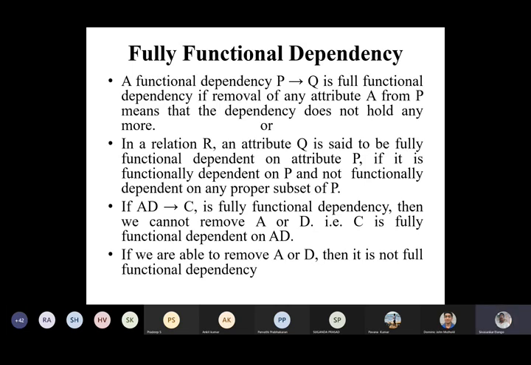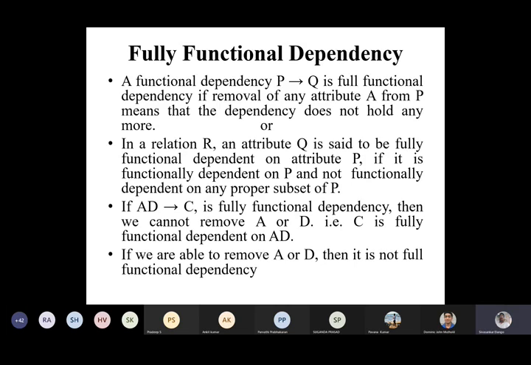So now the definition for fully functional dependency. A functional dependency P determines Q is a fully functional dependency if removal of any attribute A from P means that the dependency does not hold anymore.